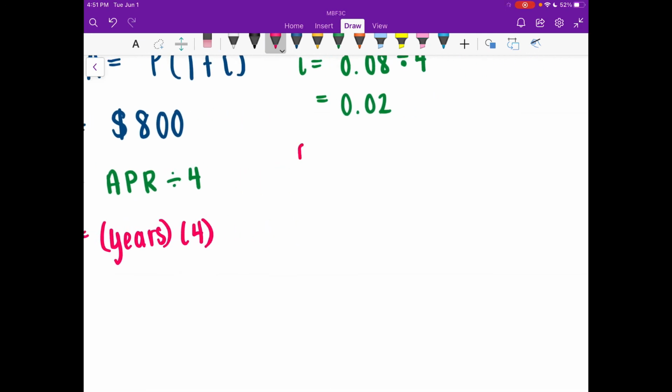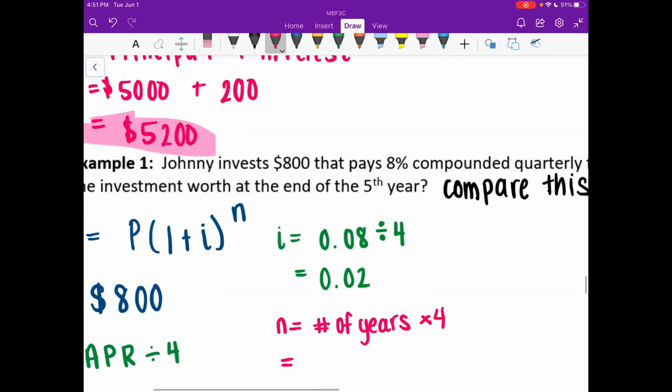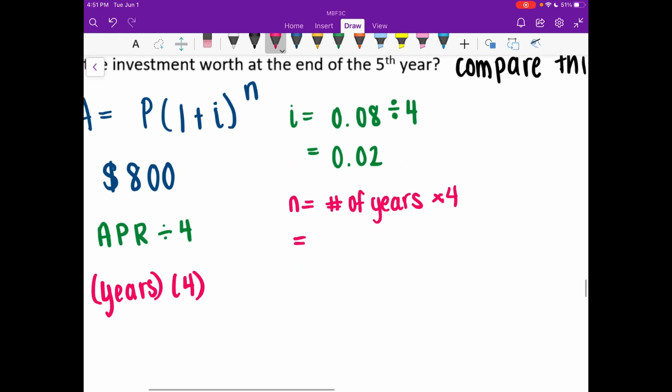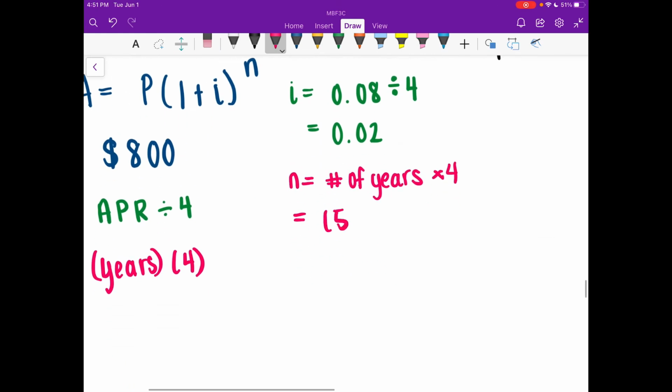And I'm going to do N in this pink color. Our N is equal to number of years multiplied by 4, and that's just straight from the chart. He wants to know how much it is at the 5th year. So it's going to be 5 times 4, which is going to give us 20.